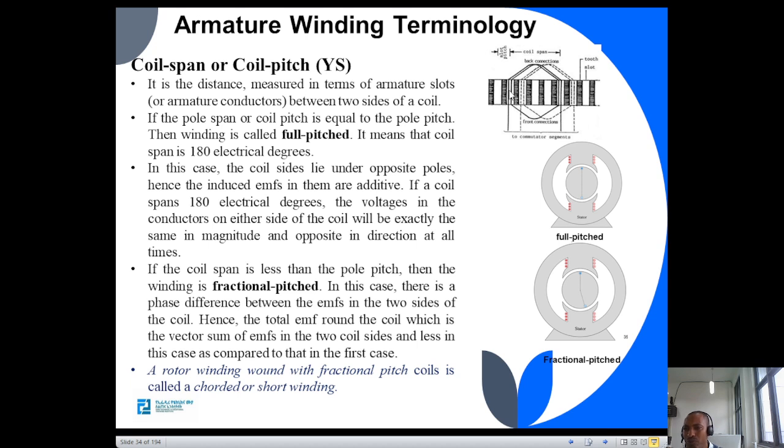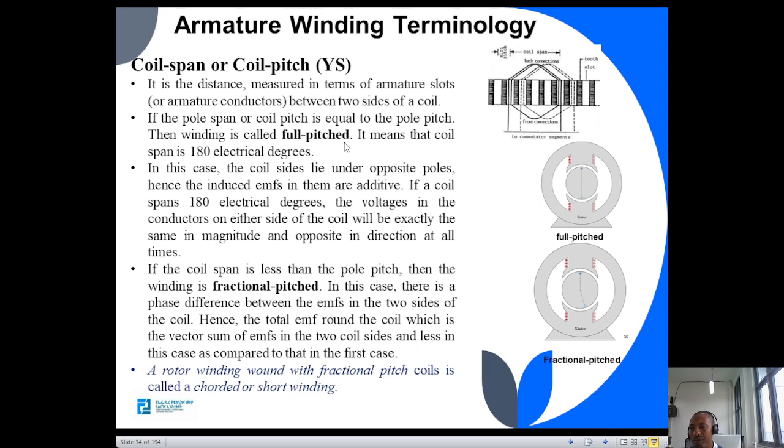The distance between one coil side and the other coil side we call the coil span. If the coil span is equal to the pole pitch, the winding is called full pitch type.